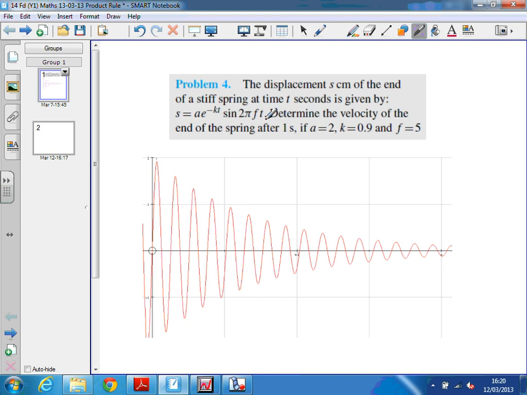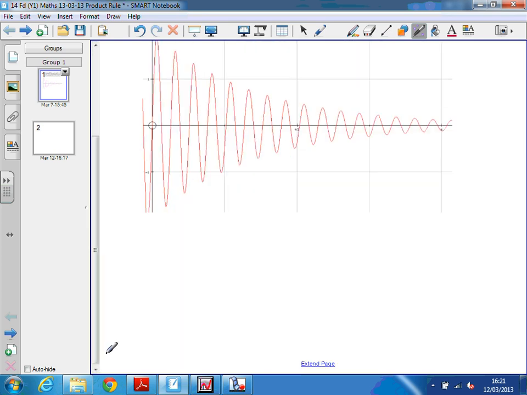We've got to determine the velocity of the end of the spring. So this spring is oscillating backwards and forwards, as I've been indicating. What's the velocity of the end of the spring after 1 second? This function is the displacement against time. So if I find the rate of change of displacement with time, what's another name for that? The velocity.